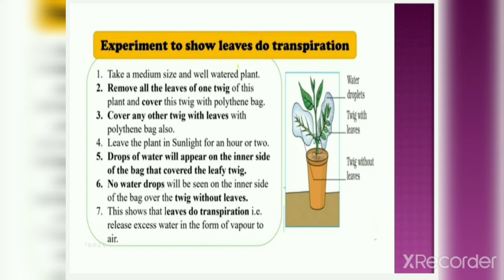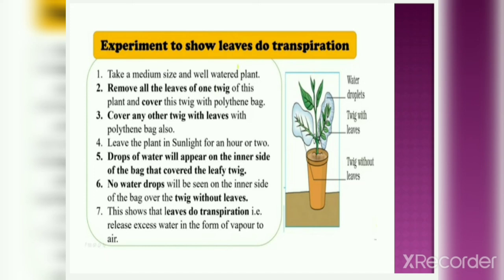Some of the water is utilized in photosynthesis for the preparation of food. Then the excess water is transpired by the leaves in the form of water vapor, and this process is called transpiration. Now we will try to prove that leaves do transpiration.